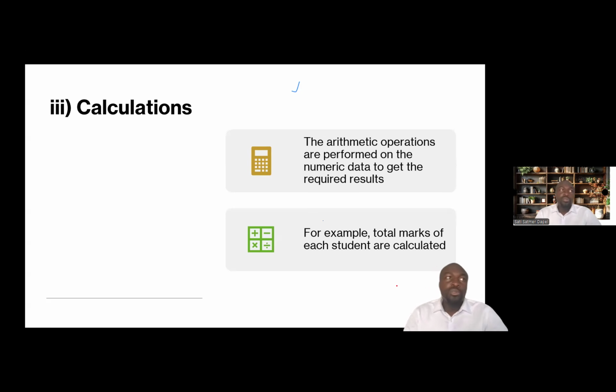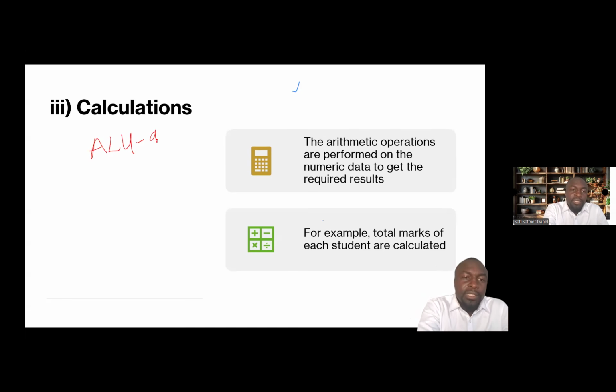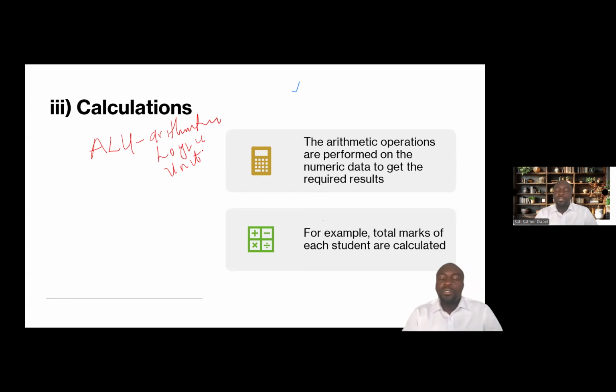The processor, the CPU, has different units. The CPU has what we call the ALU. The ALU is the arithmetic and logic unit. What this unit does is that it manages all kinds of arithmetic operations, calculations and stuff like that.